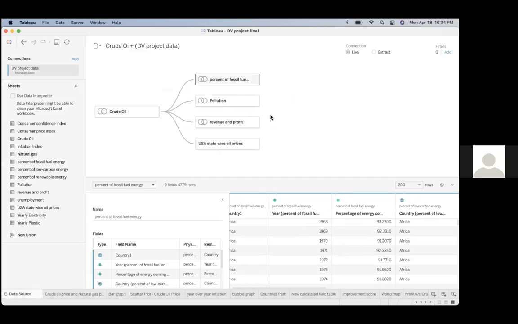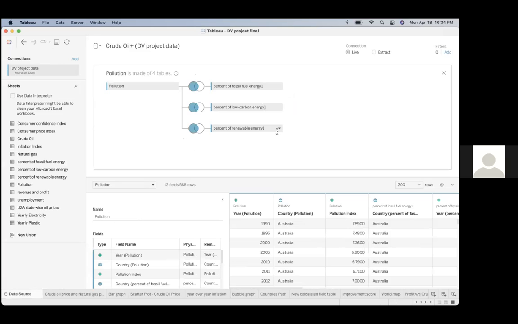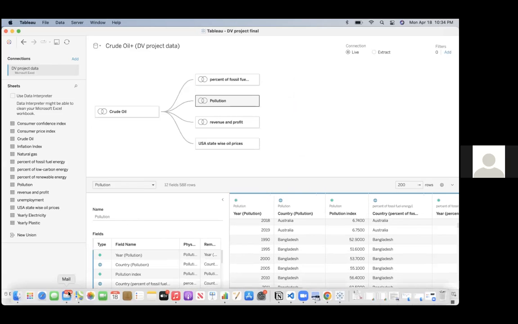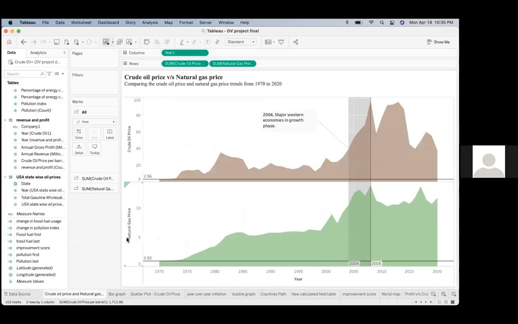We also have data regarding pollution index in several countries from year 1990 to 2019. We'll talk about these further in next sheets. Now this sheet will be explained by my colleague Shangwa.